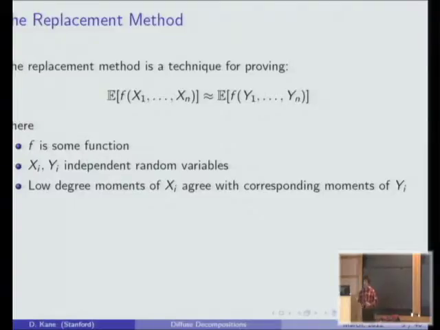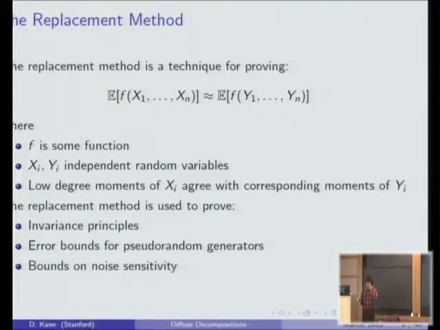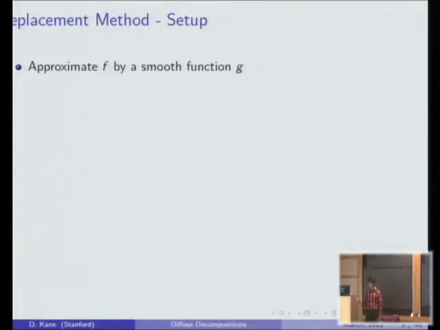The xi and the yi are independent random variables such that the low degree moments of xi agree with the corresponding moments of the yi. And this technique is used to prove a number of things, including invariance principles, as we'll see. It's also used to prove error bounds for a number of different pseudo-random generators. We can also see later there are applications to bounds on noise sensitivity.